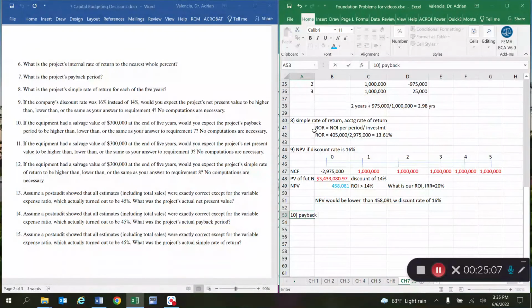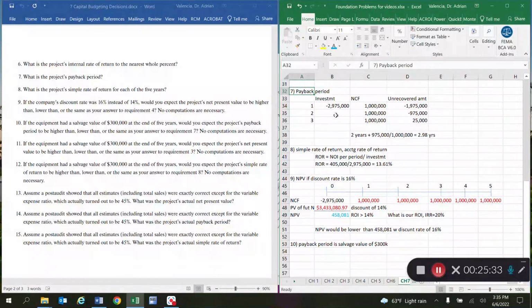Payback period if we have a salvage value of 300,000. So in other words, now we're going to recover 300,000 at the end. So the last cash flow is not only going to be $1 million, it's going to be 1.3 million because we'll be able to sell the equipment. So the question is, will that have any effect on our payback period?